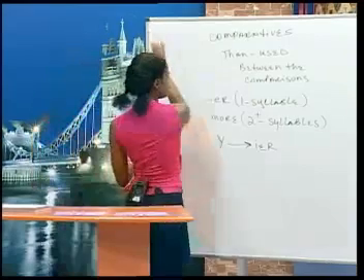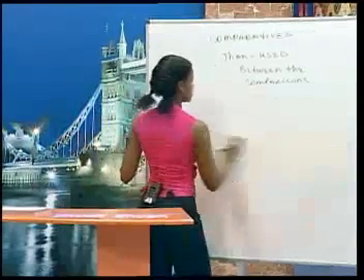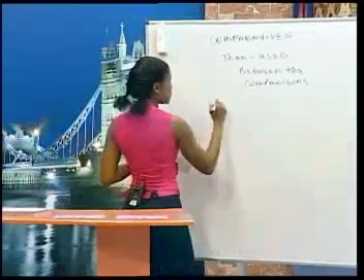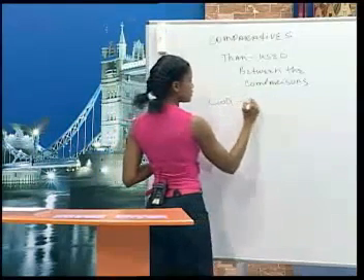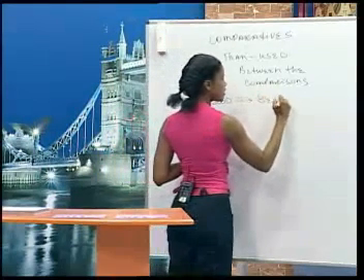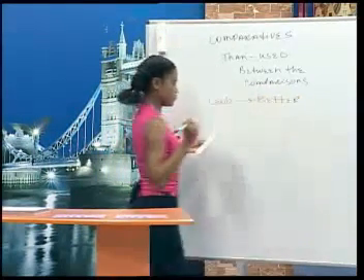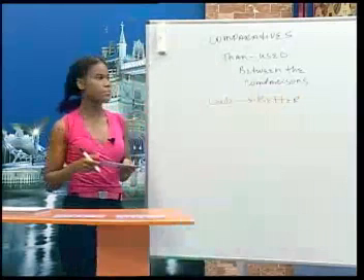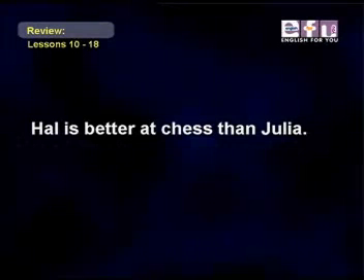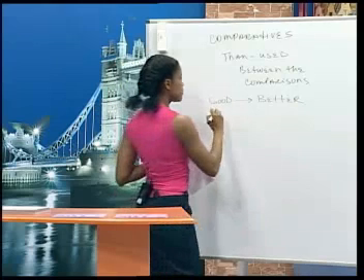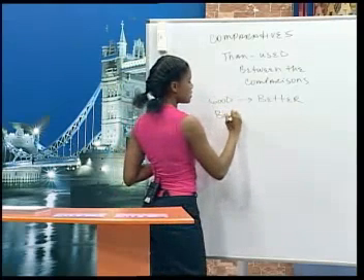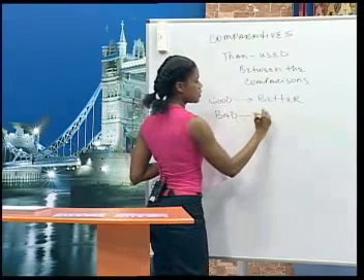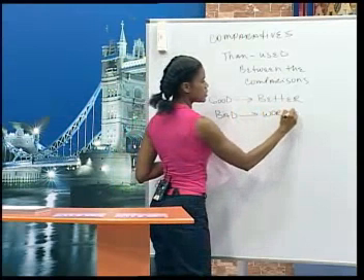For example, the comparative of good is better. For example, Hal is better at chess than Julia. Okay, another irregular adjective, bad, in the comparative form is changed to worse.